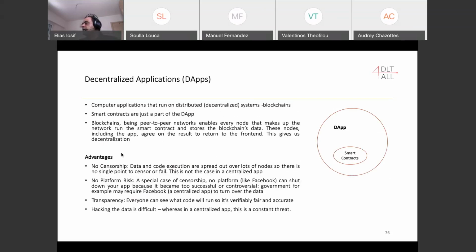Smart contracts are the code, just explaining the figure here. A smart contract is the software code that runs on the blockchain, while a DApp is something broader and includes the graphical user interface plus other things on the periphery that, of course, interact with the smart contract itself.